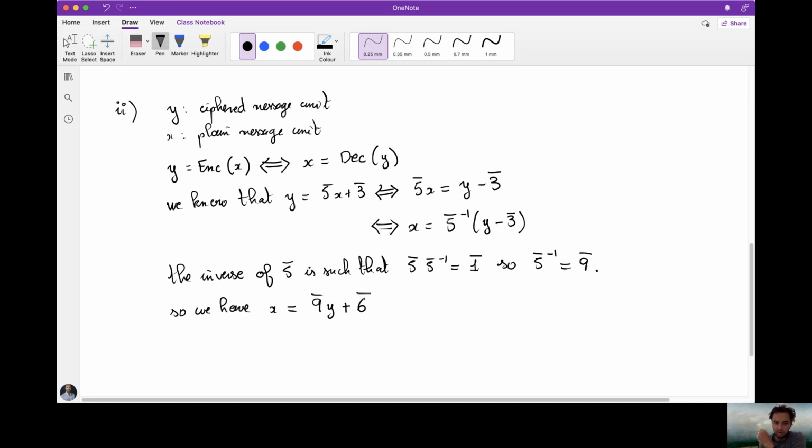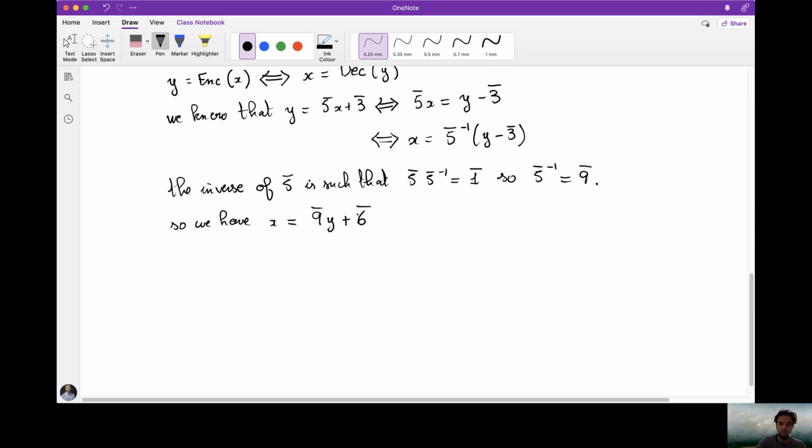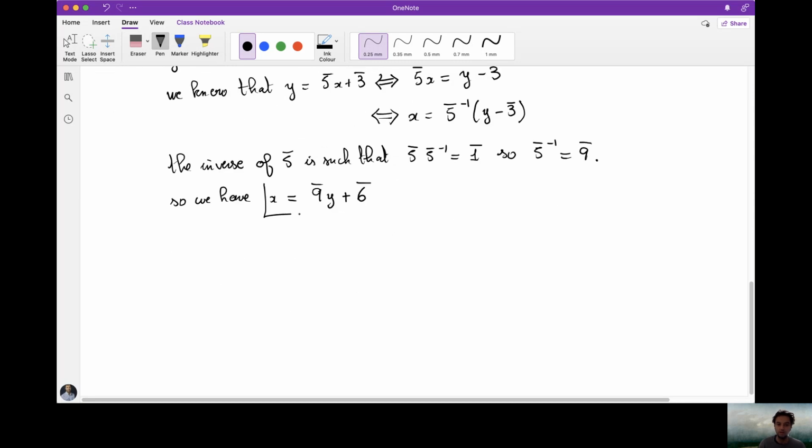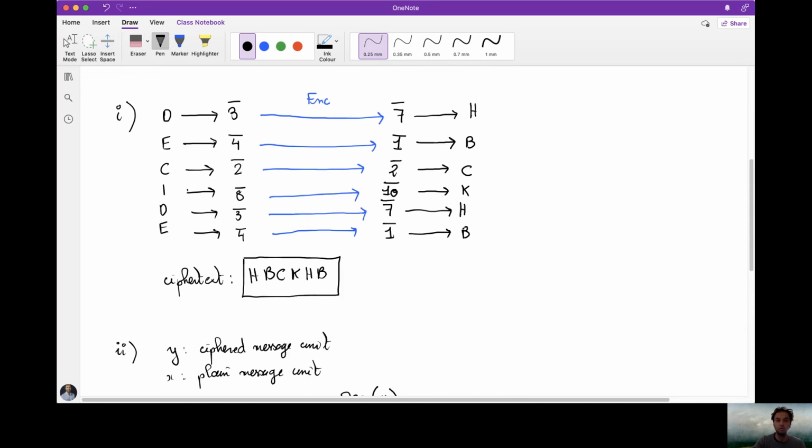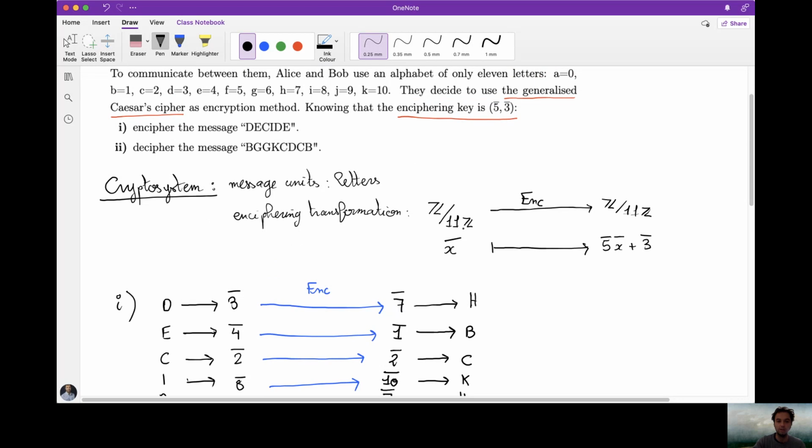So 9Y plus 6. Now that we have the deciphering transformation, let's write it down here. Now we can apply this transformation to the word that we have to decipher.